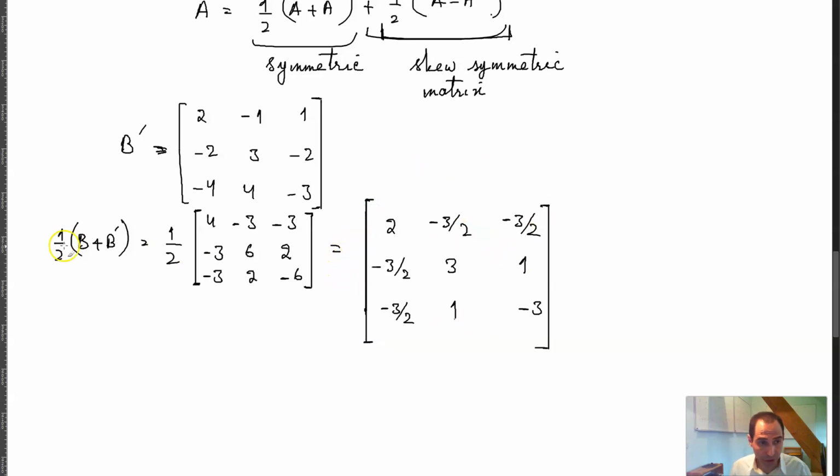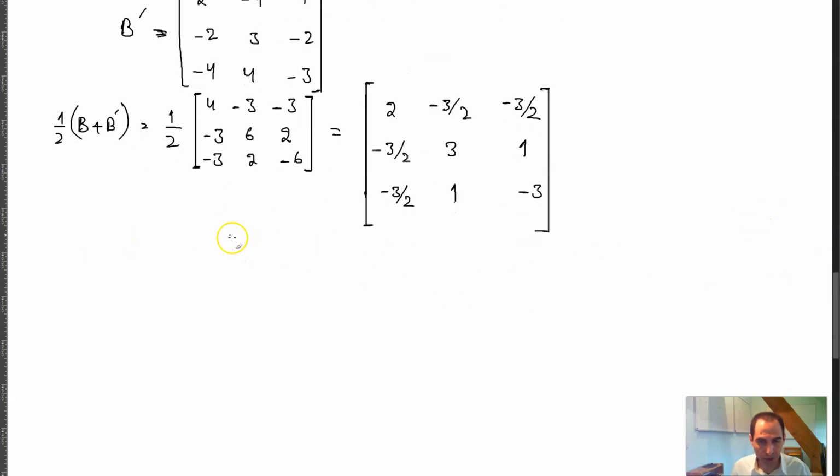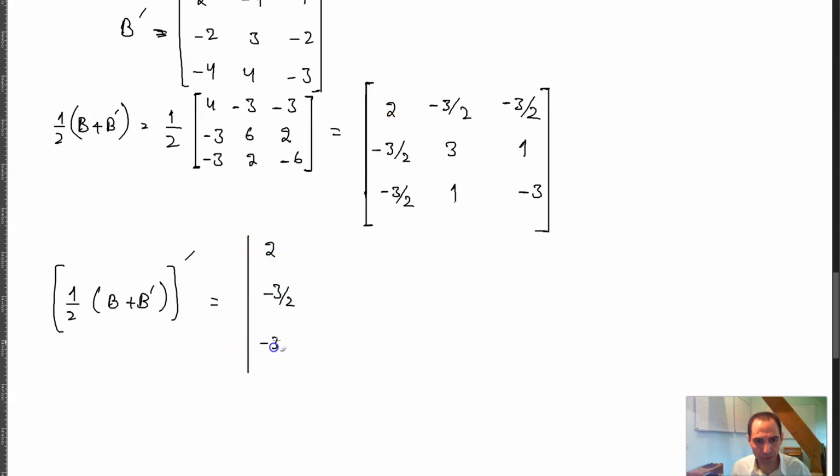Now, this matrix is 1/2 of B plus B prime, and it's supposed to be a symmetric matrix. So if I take the transpose of the whole thing, that will give me 2, negative 3 halves, negative 3 halves. I'm just taking all of the rows and making columns from them. Negative 3 halves, 3, 1, negative 3 halves, 1, and negative 3.